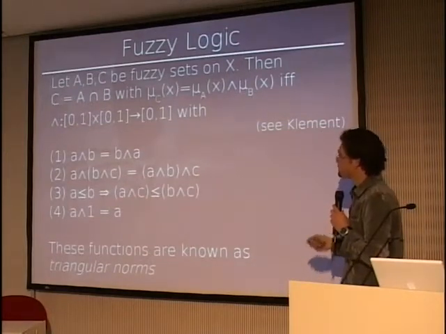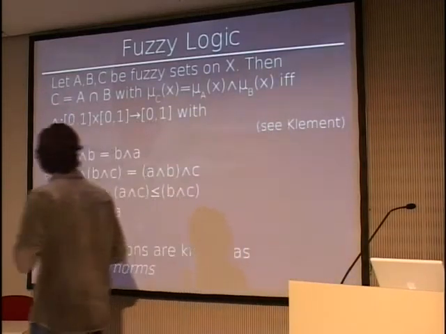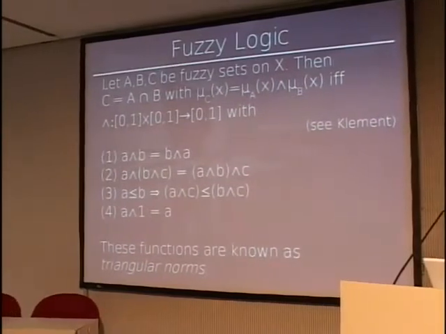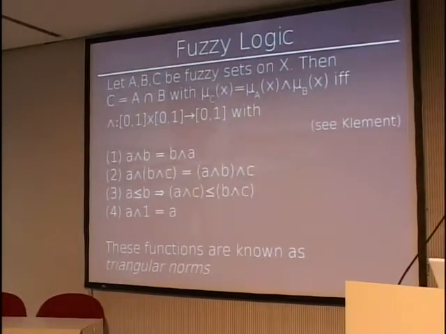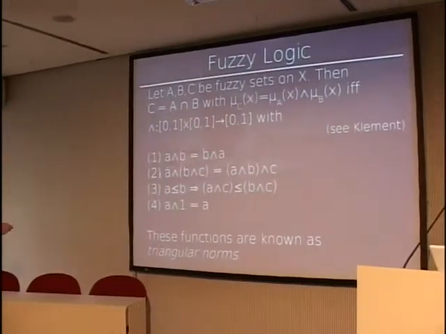And the way a conjunction is defined in fuzzy logic is to say that any operation on the unit interval can be a fuzzy conjunction as long as it's commutative, associative, just like a normal conjunction, as long as it's non-decreasing and has one as a neutral element.